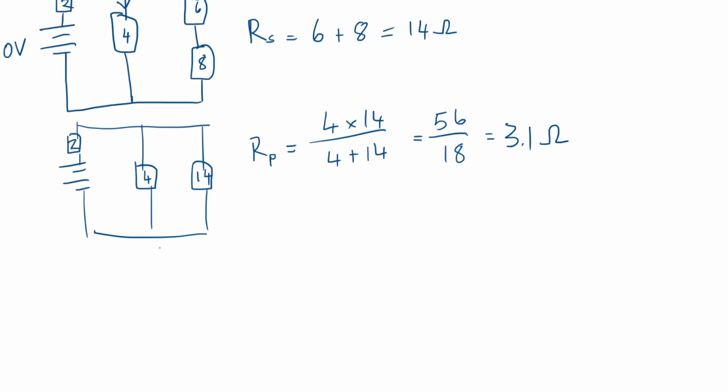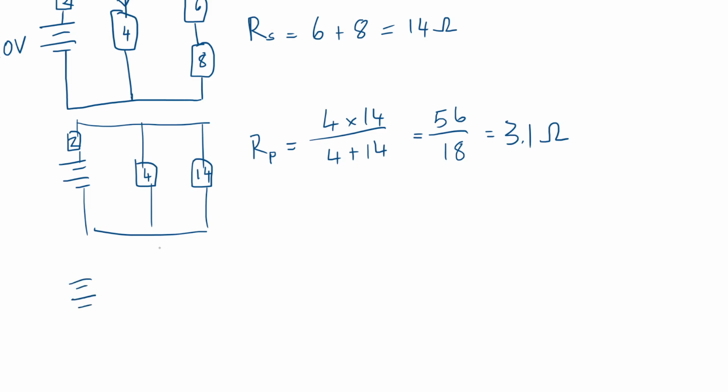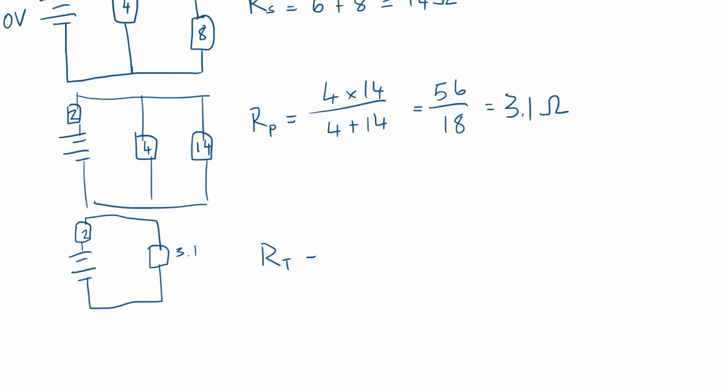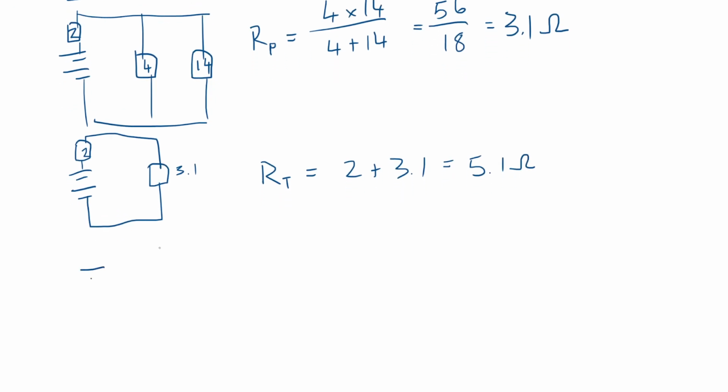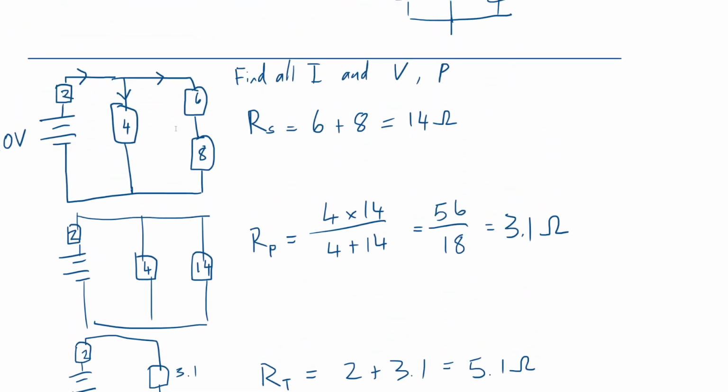Alright, so we've simplified it yet again to our 2 ohm resistor and a 3.1 ohm resistor. I've just dropped off the units, but bear with. And now these two are in series, so the total circuit's resistance would just be 2 plus 3.1, 5.1.